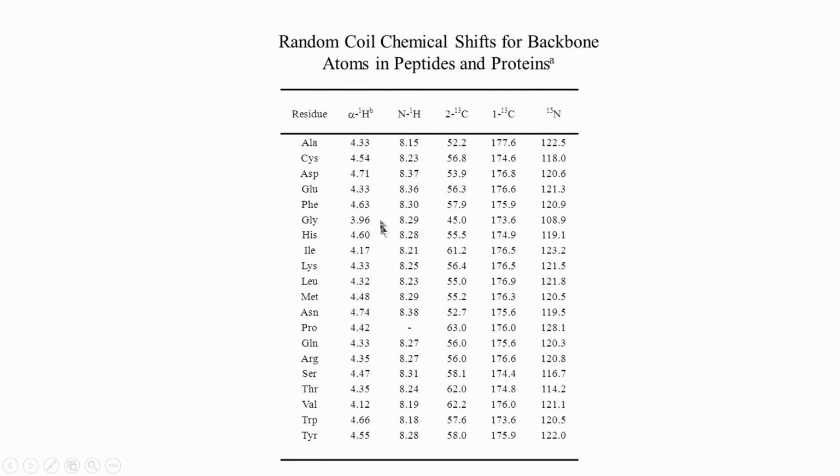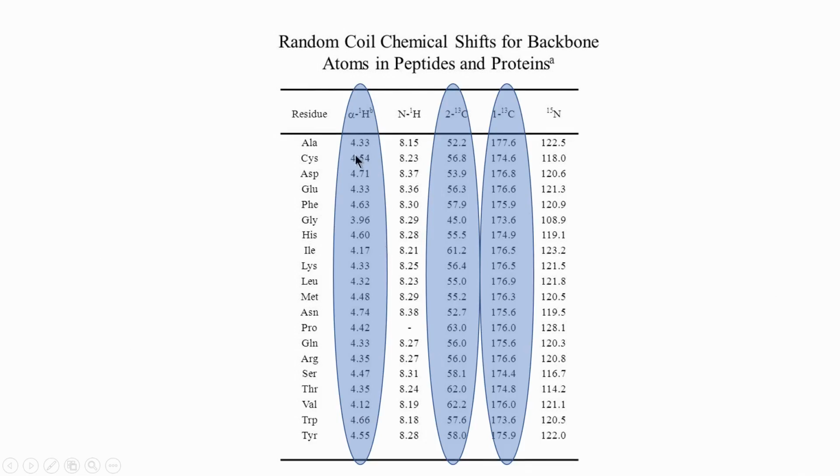In the CSI method, we will only consider 3 atoms, because these are the most important atoms for determining the secondary structure of proteins: the alpha proton, alpha carbon and carbonyl carbon. So, 2 carbons and 1 proton we will consider, and we will not look at the amide nitrogen or N15.